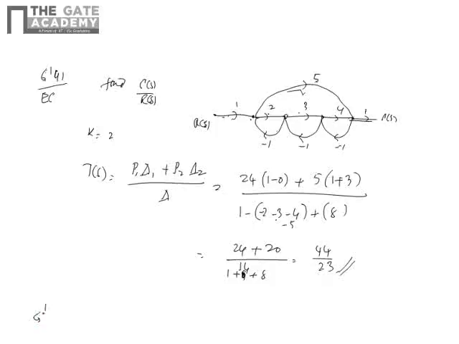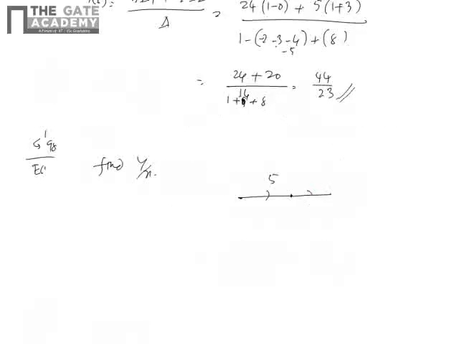The next question, GATE 98, they asked a simple question. Find the Y by X. This is 5, this is 2, this is 1, minus 2. So this is X, this is Y. Okay, so how to find out the transfer function?